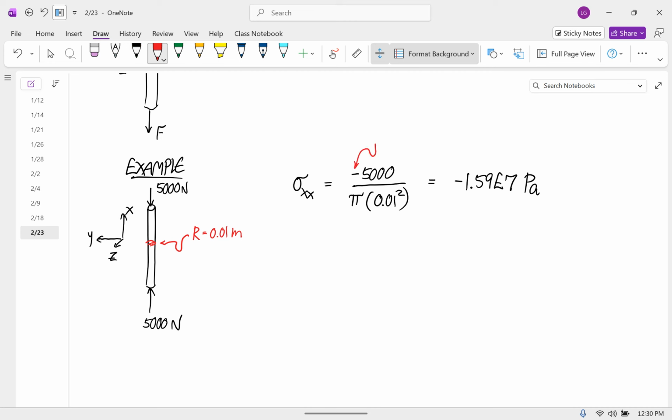And this negative is because it's in compression. So the stress tensor in this coordinate system is negative 1.59 times 10 to the 7, and then zeros everywhere else.